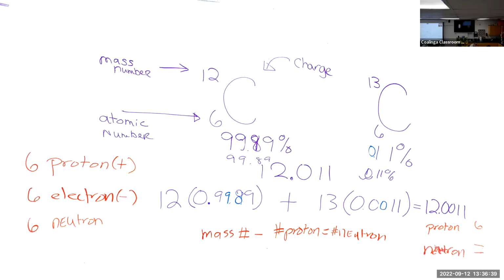How many electrons? 6. So carbon 13 has 6 protons, 6 electrons, and 7 neutrons, while carbon 12 has 6 protons, 6 electrons, and 6 neutrons. Does that make sense?